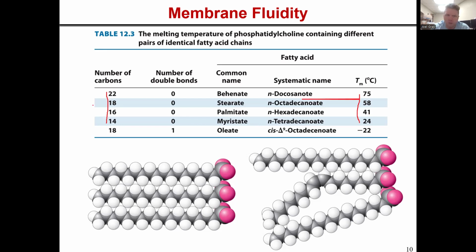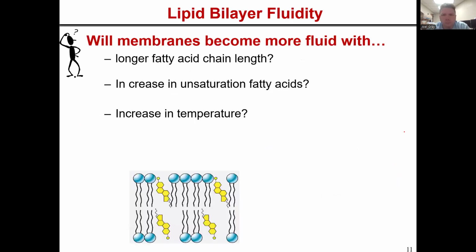Then if you compare 18 carbons with no double bonds and 18 carbons with one double bond, we see our melting temperature go from 58 to negative 22. So 18 with one double bond is going to be a liquid at room temperature because its melting point is negative 22 degrees Celsius.